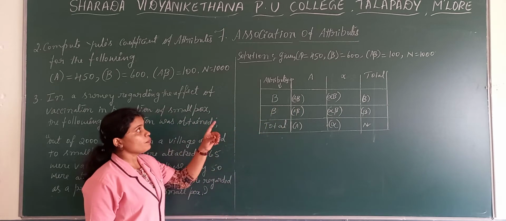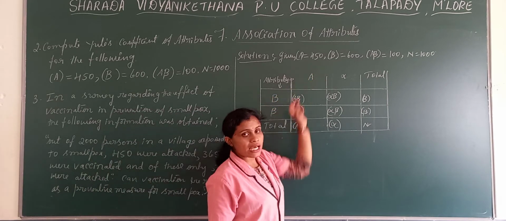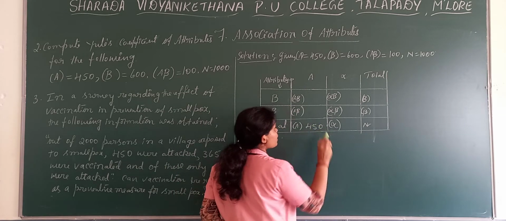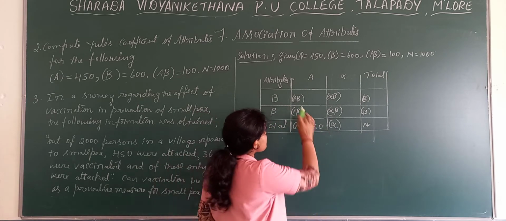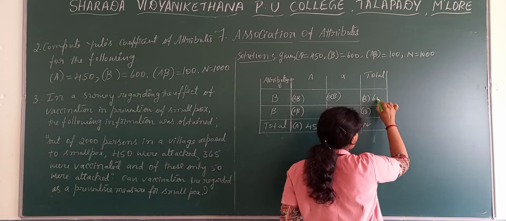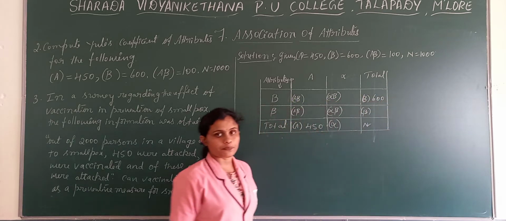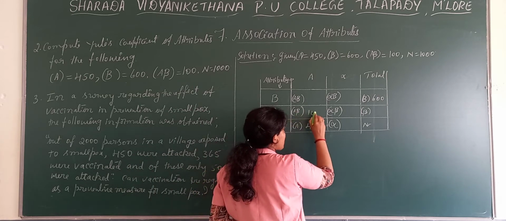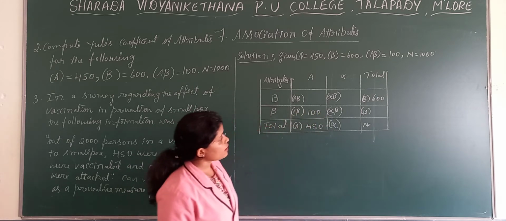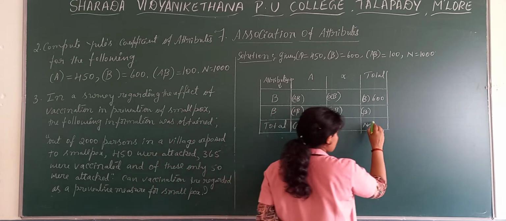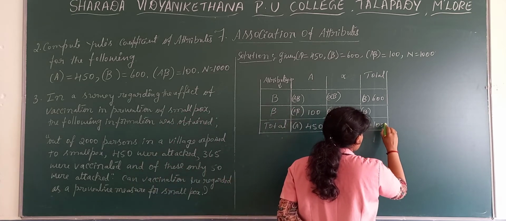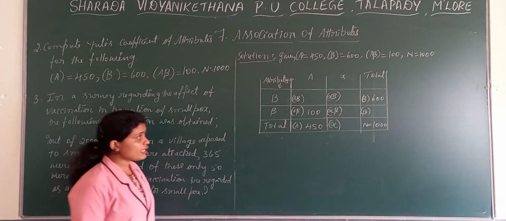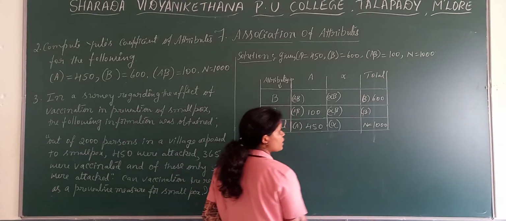Now see the problem. A they have given as 450. Then B as 600. Then A beta as 100. Then a grand total is given as 1000. Now the remaining class frequencies we need to find out.